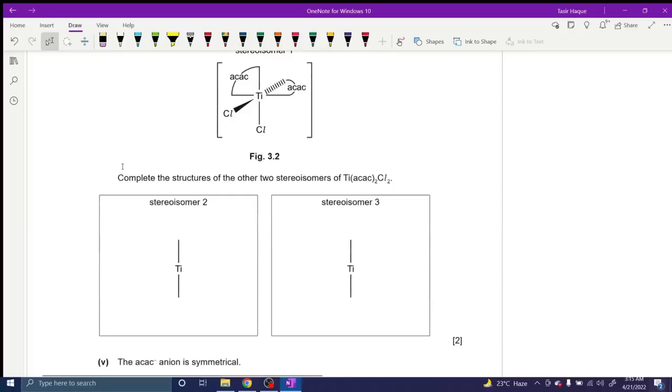Okay, so let's try doing this. Why don't we draw the trans isomer first? To draw the trans isomer, basically the chlorines must be along the same line, okay? So this is drawn in a weird pattern where we keep these 4 bonds in the same plane, and the other 2 bonds, one is in front of the compound, the other is at the back.